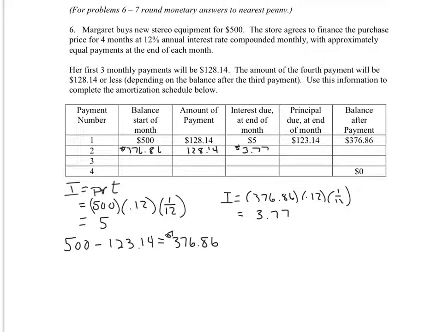Now, if I take the 128.14 and I subtract the 377 from it, that would give me $124.37 that is applied toward the principal.